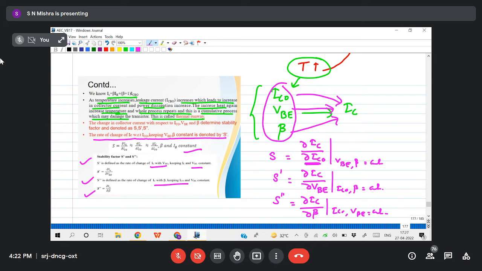In between, we discussed thermal runaway, as well as the effect of these parameters on IC, and how to find out how much effect the leakage current, base emitter junction voltage, and beta have on this IC. Now we will see the biasing circuit.